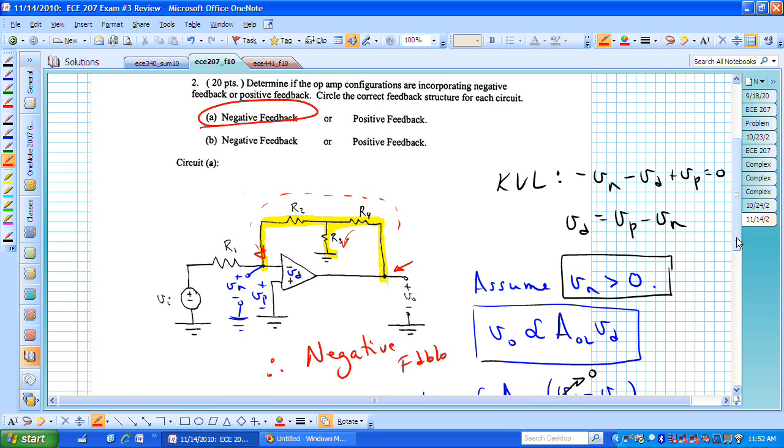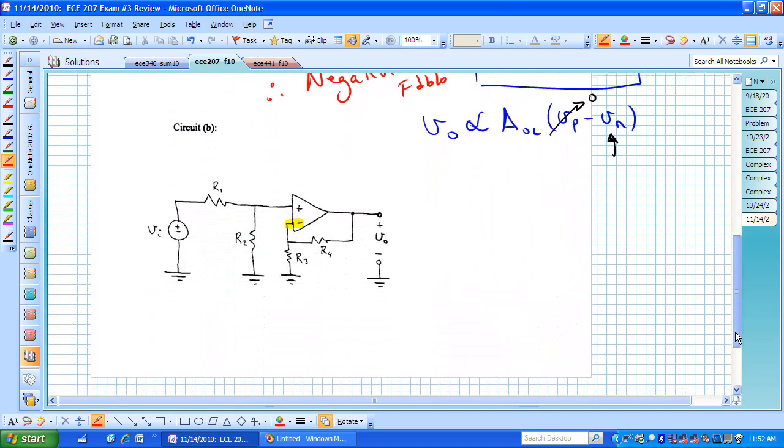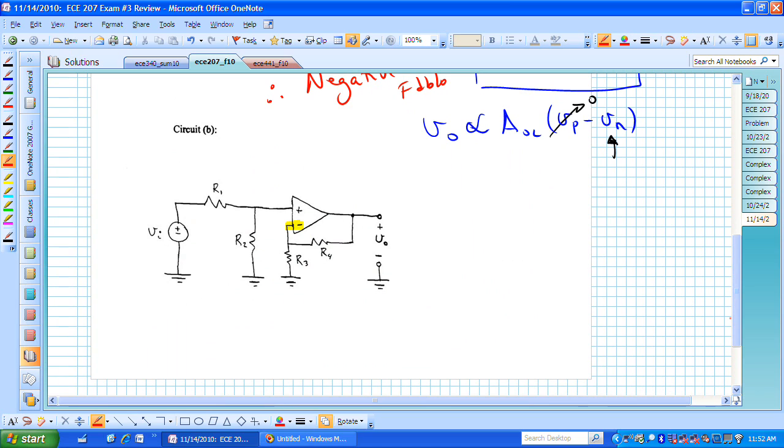Let's look at part B. Part B, again, we should expect that we're going to be in negative feedback configuration because of that particular interconnection between the output terminal and this inverting terminal of our circuit. Let's now look at what's going on here.